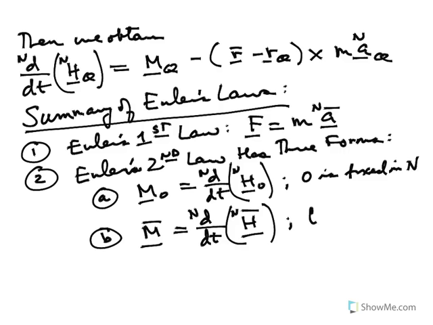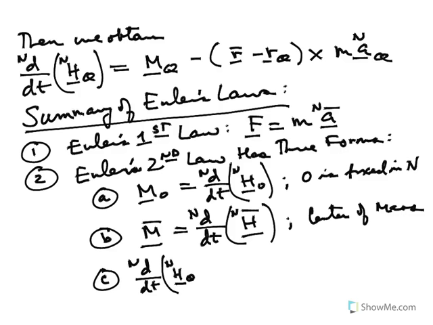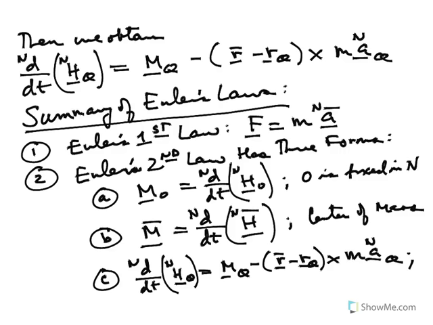And then the third one is that the rate of change in N of the angular momentum relative to an arbitrary point is equal to the moment relative to the arbitrary point minus (r bar minus r_Q) crossed with m a_Q in N, and this is for Q an arbitrary point.